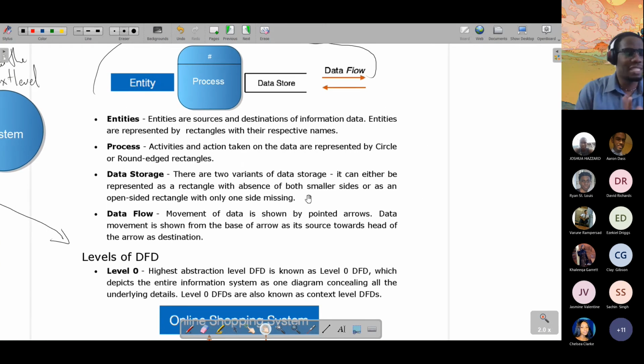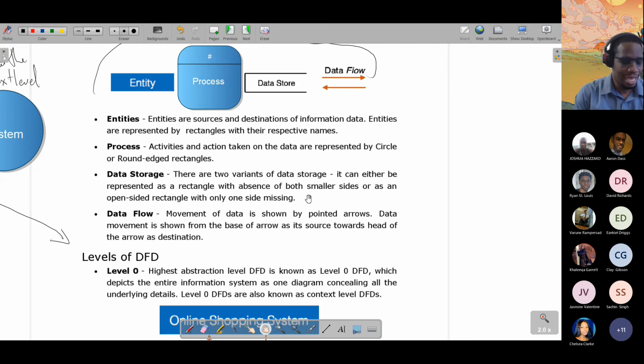Okay? So we have the entities, we have the processes. The processes convert data from one form to another. If you pass a piece of data through a process and you have that same data being output, and there's nothing changing with the data or it's not going to storage, then something is wrong with that process.